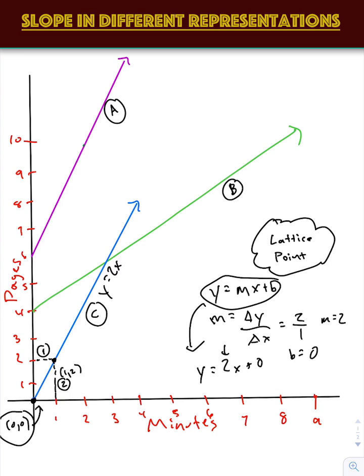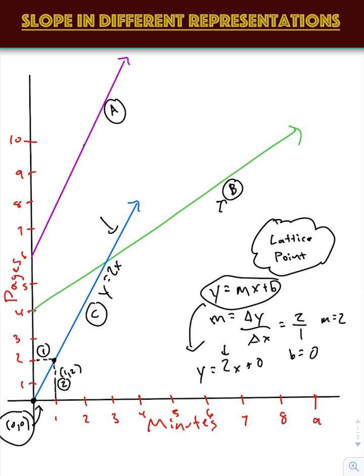Something that we can infer from this graph is that student C is a faster reader. That is because line C is steeper than line B, which means it has a greater slope, which means that student C reads more pages per 1 minute, which would mean student C is a faster reader overall than student B.